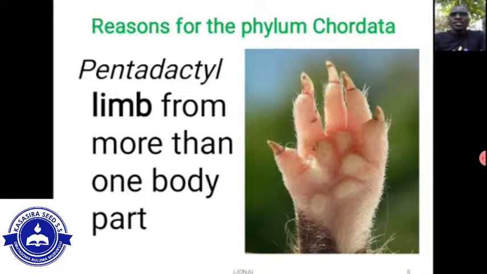However, the evolutionary plan was they are supposed to have 5, but as a result of modification and evolution or environmental changes or adaptation to live in different habitats, you may find that some may have reduced toes or fingers, but it does not exclude them from the phylum Chordata, because their plan is they should have 5. So if you see some organisms that are chordates with 4 digits, you observe critically, you may realize one of them is reduced or modified to perform another function.